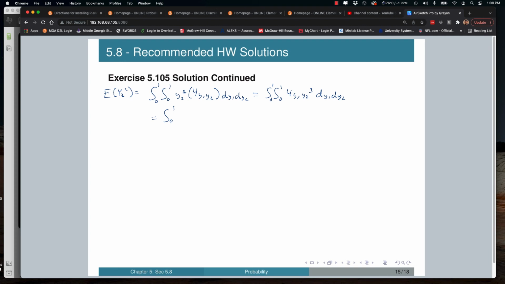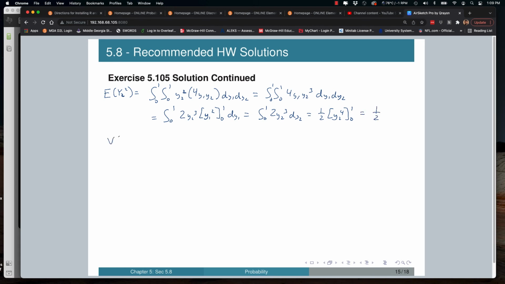The y sub 1 becomes y sub 1 squared over 2, so we end up getting 2 y sub 2 cubed times y sub 1 to the second power, evaluated between 0 and 1, dy sub 1, and lo and behold, that simplifies to just 2 y sub 2 cubed dy sub 2, which becomes 1/2 y sub 2 to the fourth, evaluated from 0 to 1, which is just 1/2.